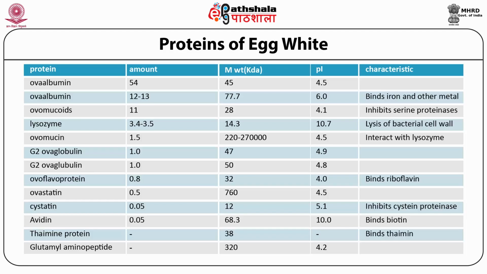Ovalbumin has a molecular weight of 45, ovotransferrin 77.7, ovomucoid 28, lysozyme 14.3, ovomucin 220 to 270,000, G2 ovoglobulin 47, G3 ovoglobulin, ovoflavoprotein 32, ovostatin 760, cystatin 12, avidin 68.3, thiamine-binding protein 38, and glutamyl aminopeptidase 320.